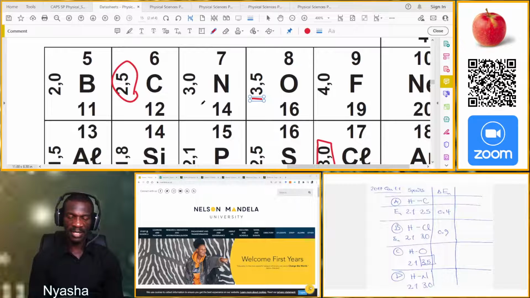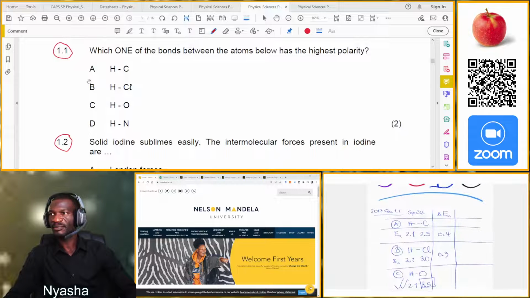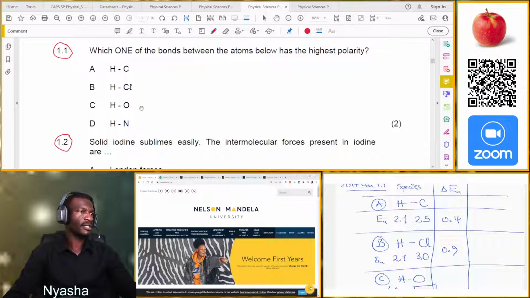So this means our C is going to be the highest polarized set. Any questions on that? That was the first question, question number 1.1. So we have our solution, which is HO.